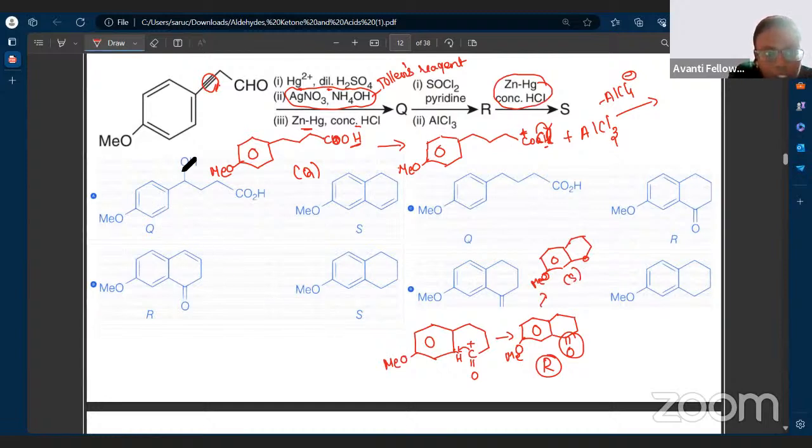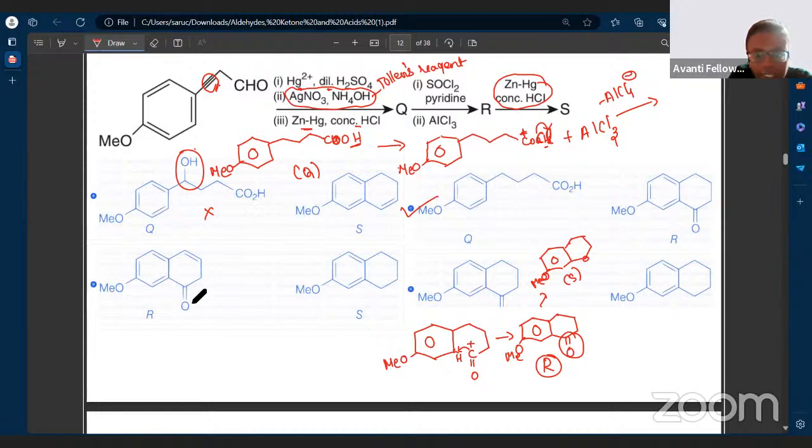So Q, here you have like OH, which is going to be wrong. And when you look into this option, this is your Q. You have Q and R, both are right. So option C is going to be right.